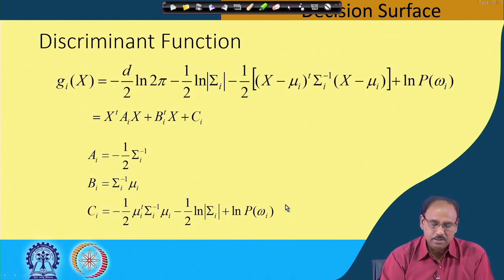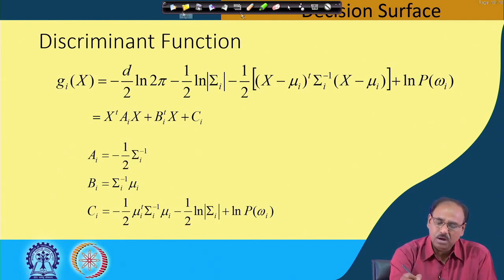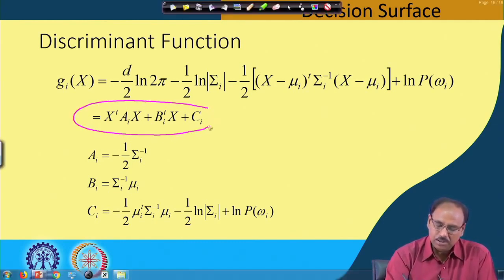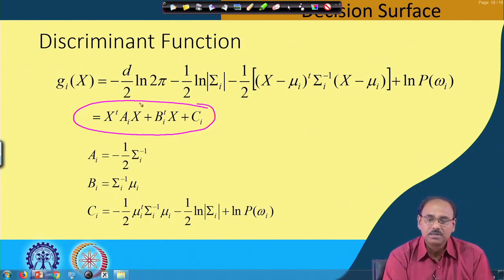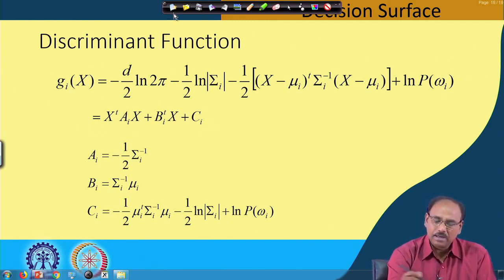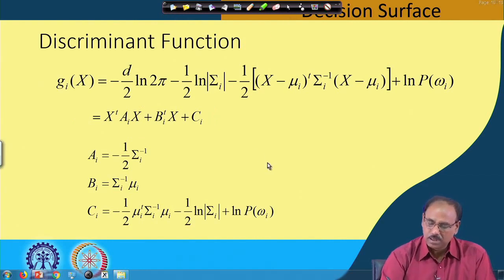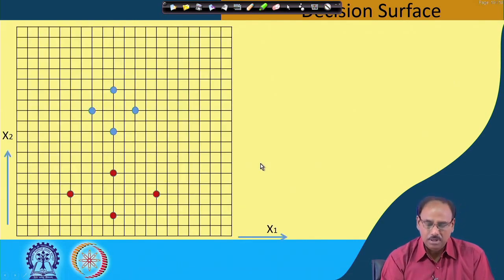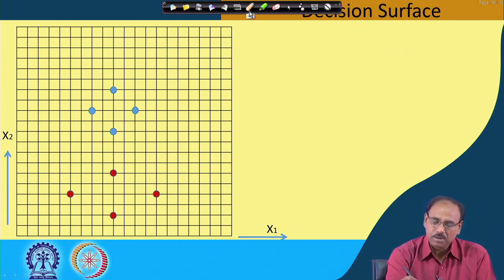As we have done before, this is the expression of the discriminant function where the covariance matrix is not of the form sigma square I, and the discriminant function is a quadratic discriminant function. Given this situation, what will be the decision boundary between the two classes?